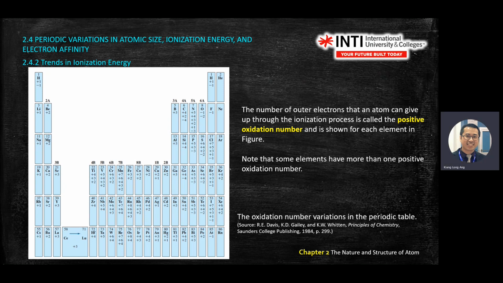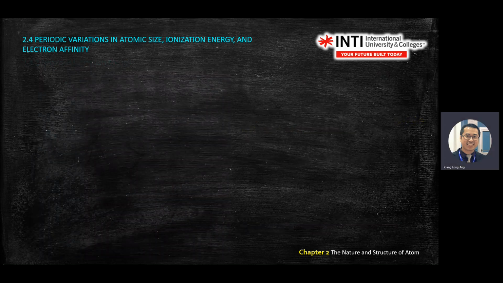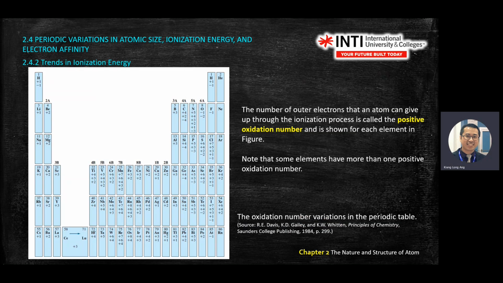The number of outer electrons gives you a positive oxidation number. You learn this when you learn about corrosion. I'm not sure whether we offer corrosion. All right, so oxidation. We look into this table when we come to that particular section.